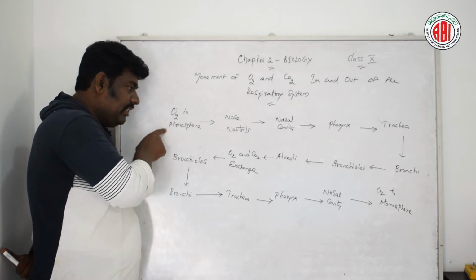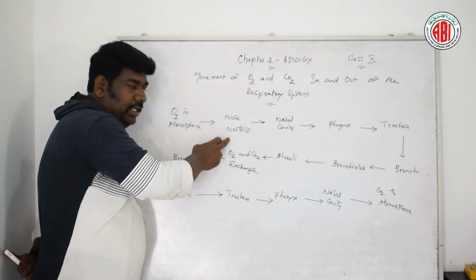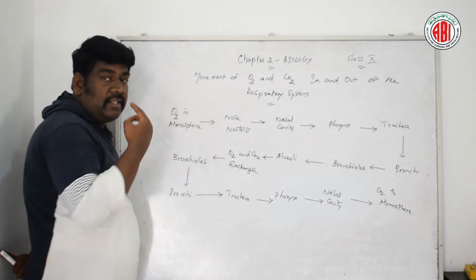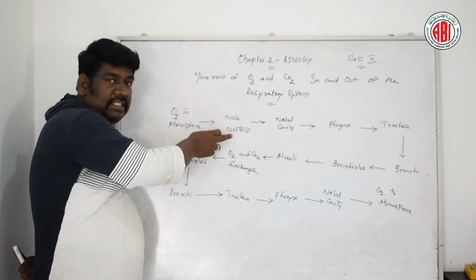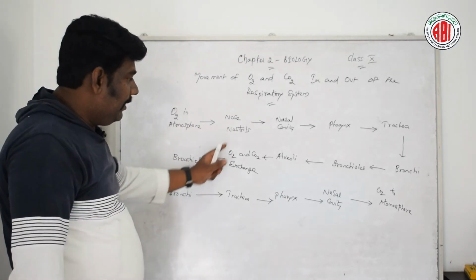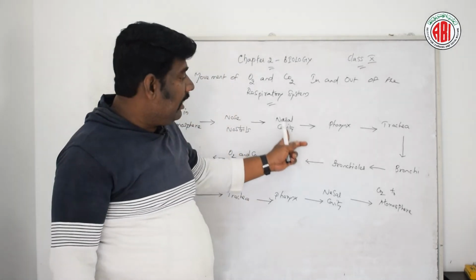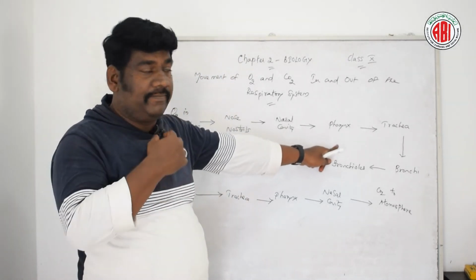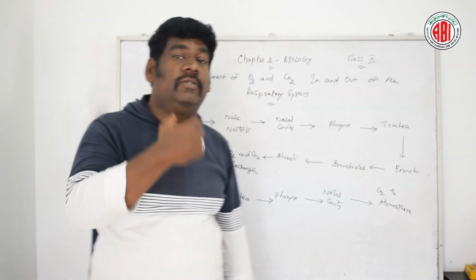First, oxygen which is present in the atmosphere outside of our body is entering the nose through the nostrils. We have a pair of nostrils. Through the nostril the gas is entering. Now this gas goes to the nasal cavity inside of our nose, and that leads to the pharynx, and the pharynx leads to the trachea, which is also called the windpipe.